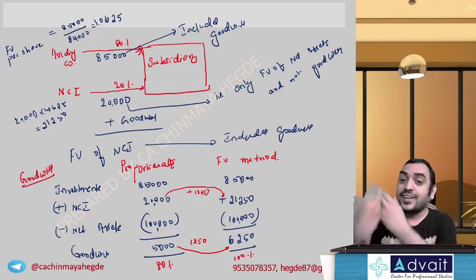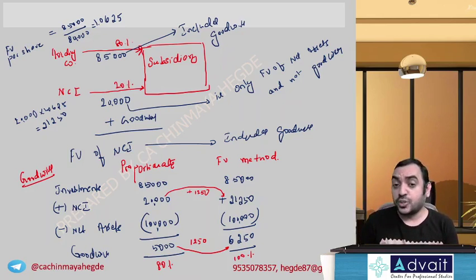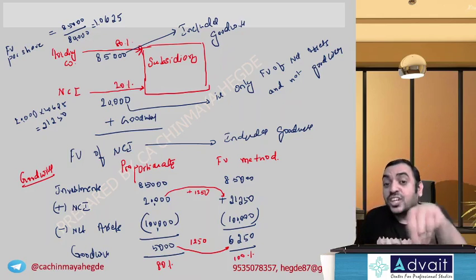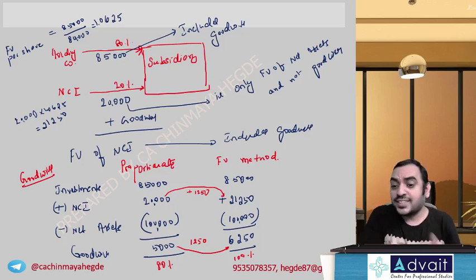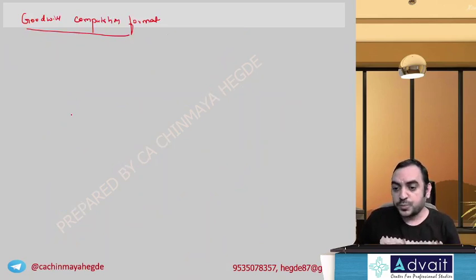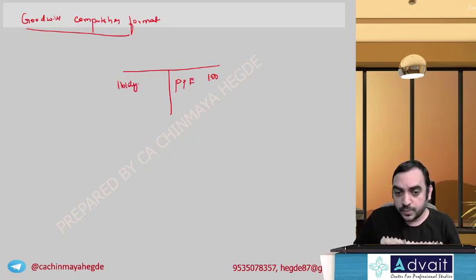But the balance 20% goodwill will be included in NCI. And isn't that what you do in PPE also, as in the example I gave you? Shall I repeat once more? How do we write PPE? 100 belongs to holding company 80, NCI 20.